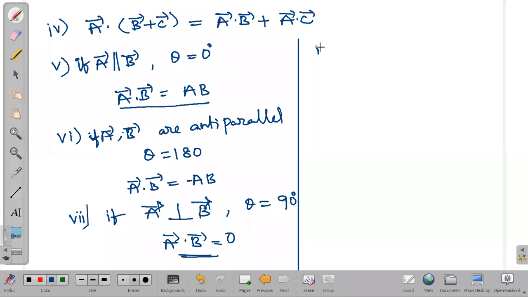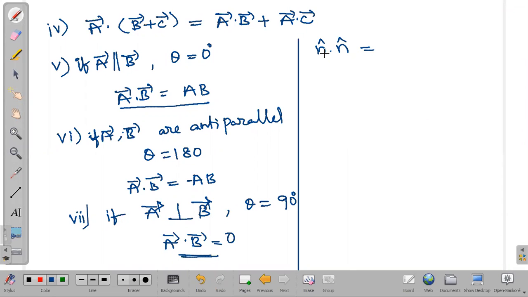N cap is one vector and the other is also a unit vector. Two vectors are multiplied under dot product. If the two vectors are parallel to each other, what happens? Theta is equal to 0, which means cos is 1. And what will be its magnitude?